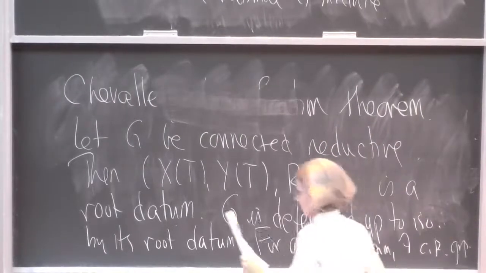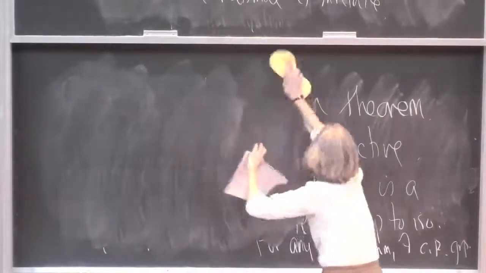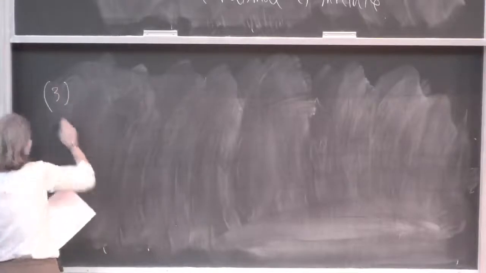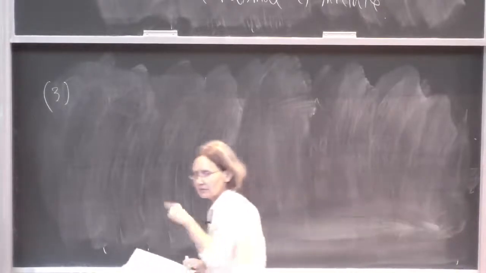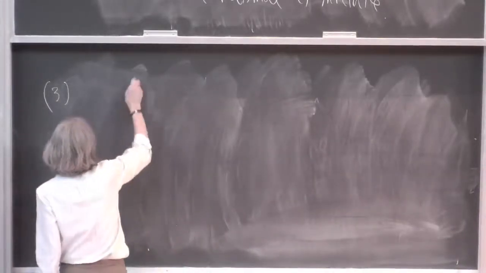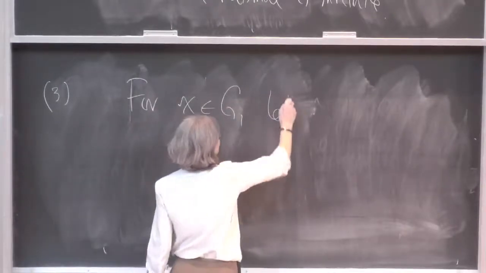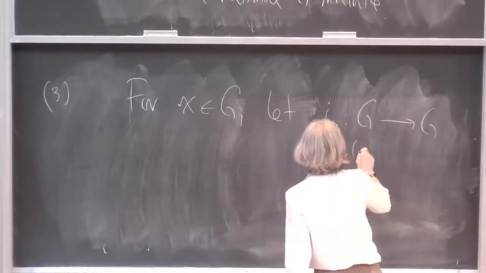Okay, another important one. So G also, this was some action associated with left multiplication, and now I'm going to define something associated with the conjugation action. Okay, so for x in G, let I sub x be the conjugation associated to x. So for x in G, let I x be the map from G to G, which is conjugation.